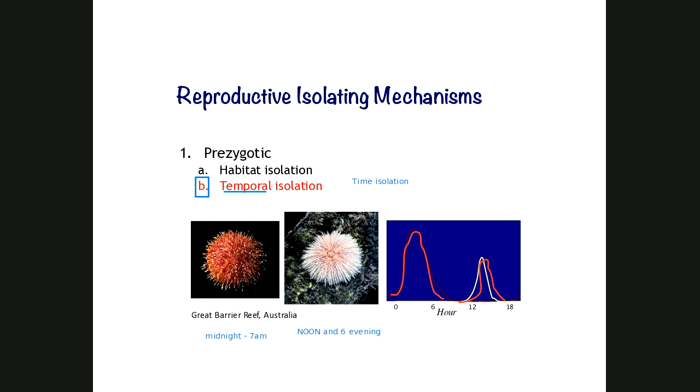They don't intermix because they're releasing their gametes at different times of the day. One species releases and fertilizes at this time, and the other fertilizes at this time of day. So they're isolated from one another by time.